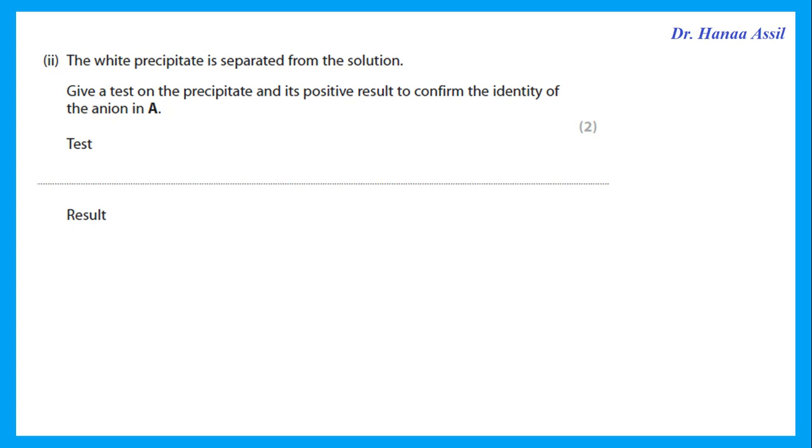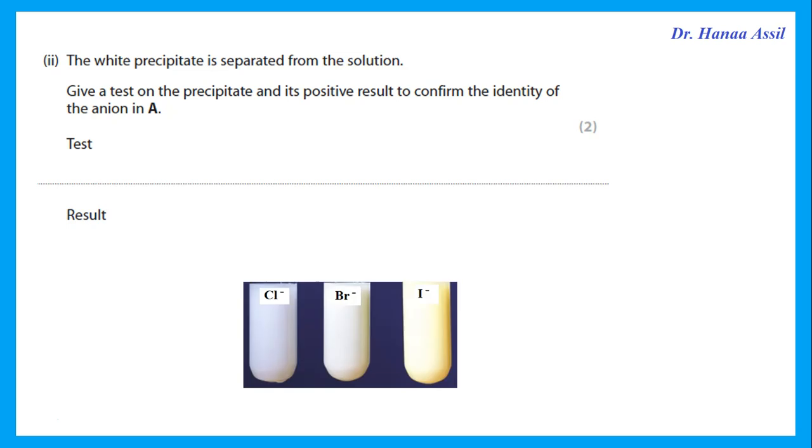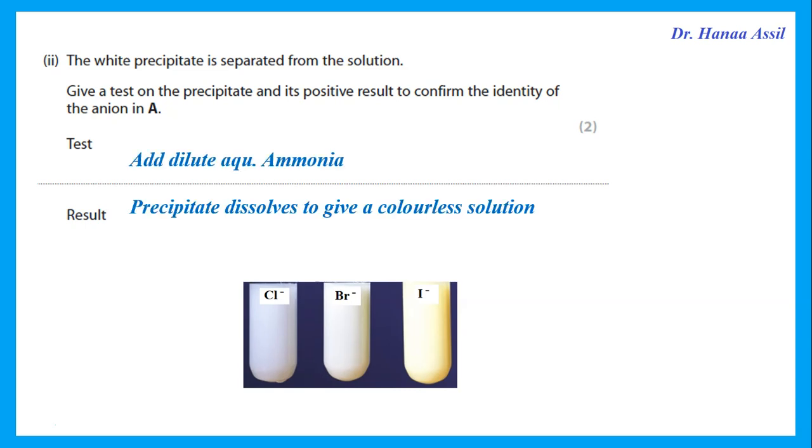We said it has a white precipitate with silver nitrate and we decided that that means that it is a chloride. Now, how do we make sure it's chloride? We take the precipitate and we add dilute aqueous ammonia. If it is chloride, it would dissolve. The precipitate dissolves to give colorless solution in dilute aqueous ammonia.